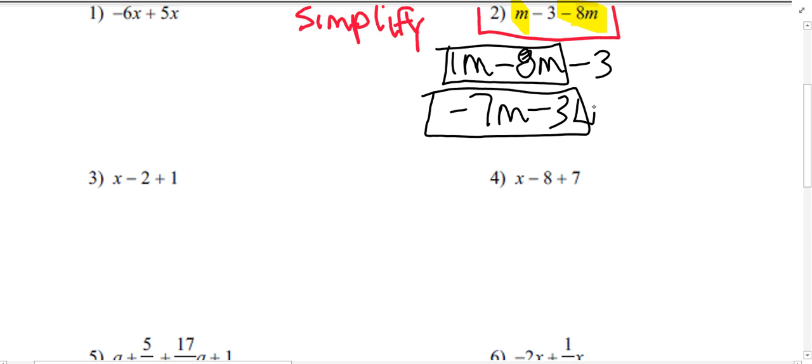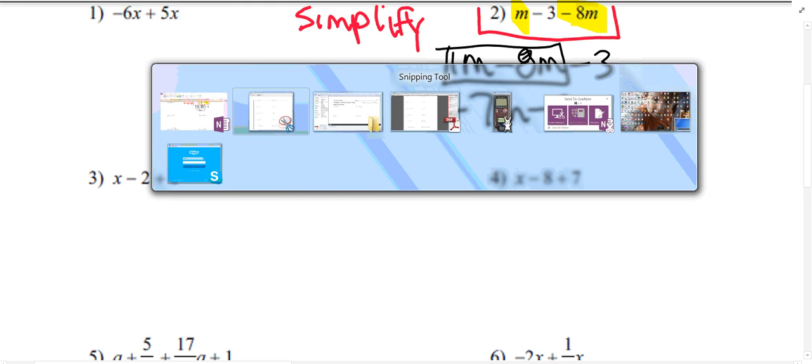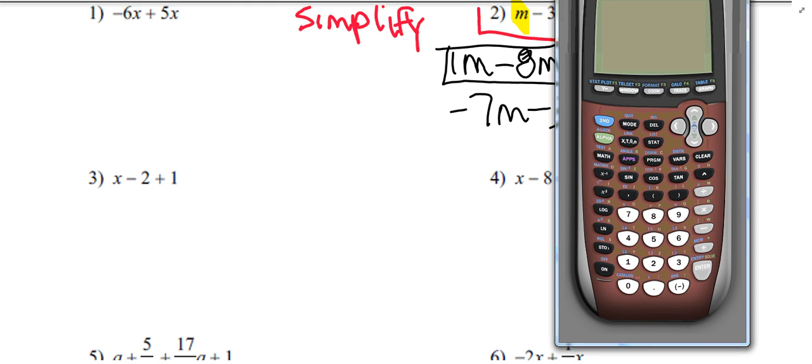This is just a number right here, okay? So don't do too much to this problem. Of course, you could always use your calculator on there if you wanted to. Just remember that the quantity m is just 1, and just do 1 minus 8, and of course, you would get negative 7.